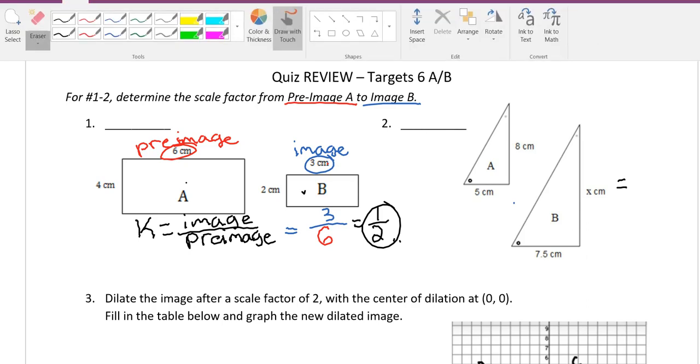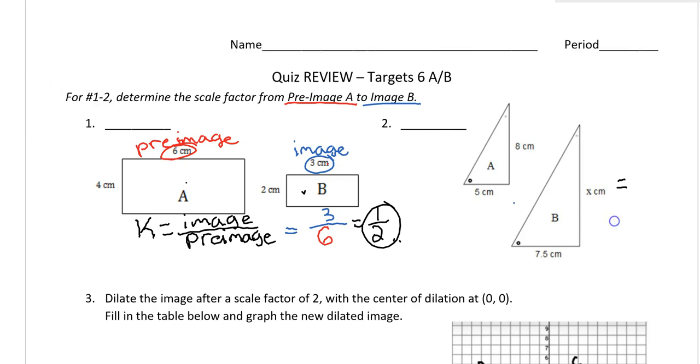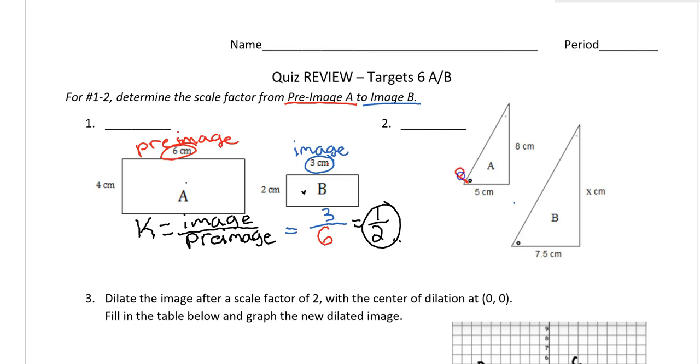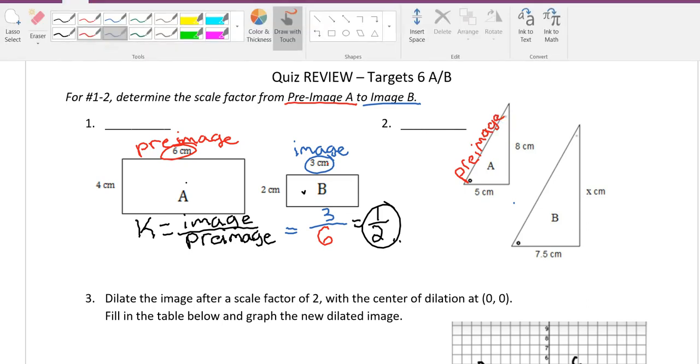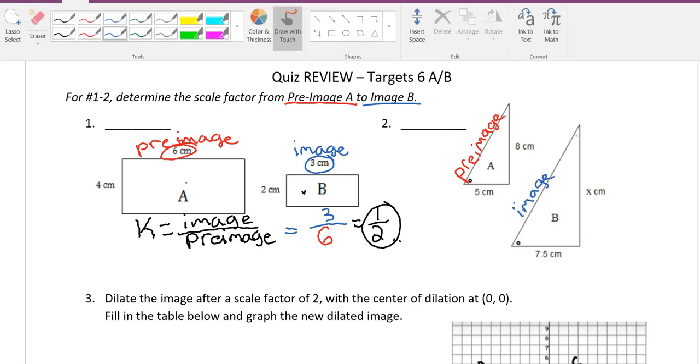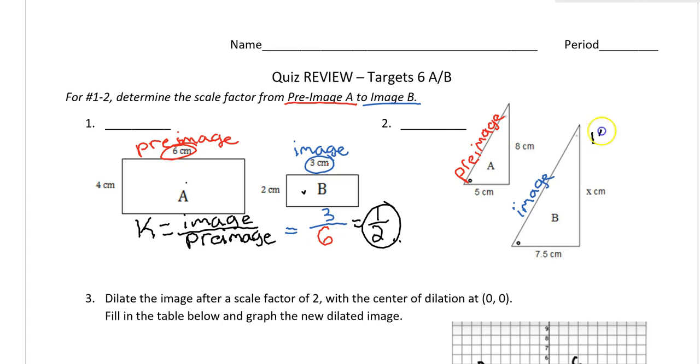Looking at our second problem. Again, we have our pre-image, which is A, to our image, which is B. And our scale factor equals image over pre-image.